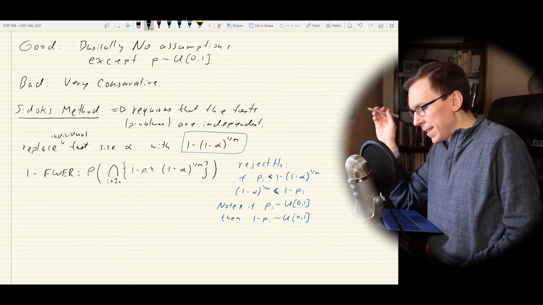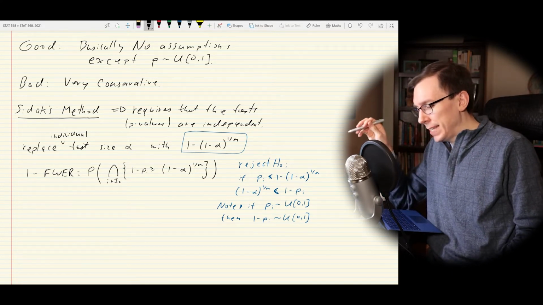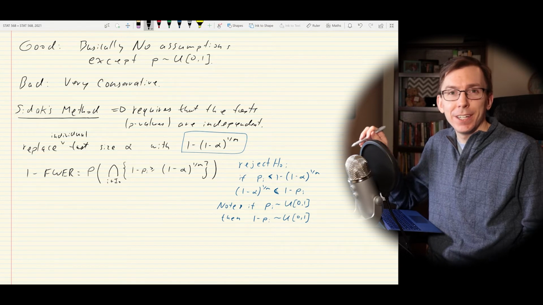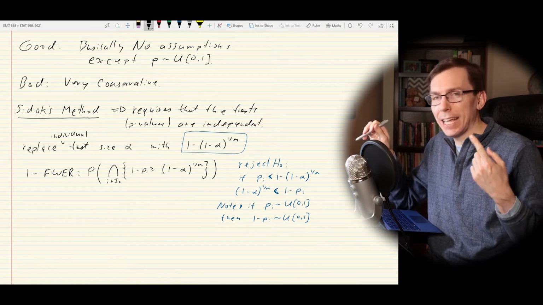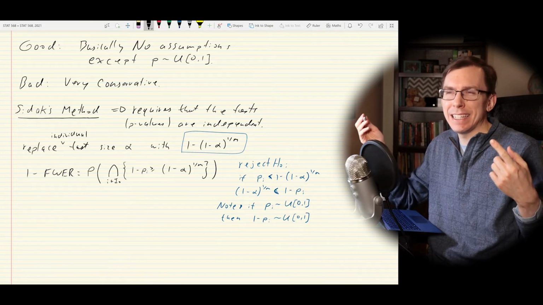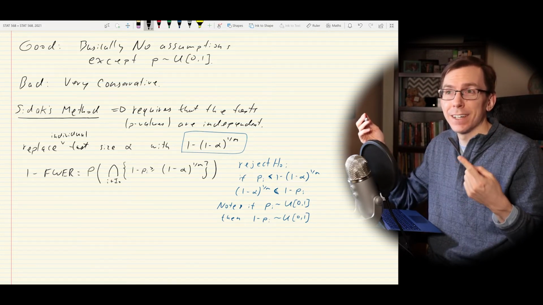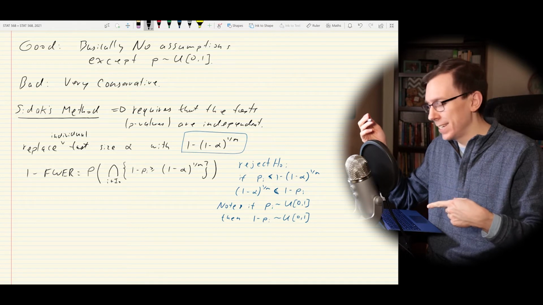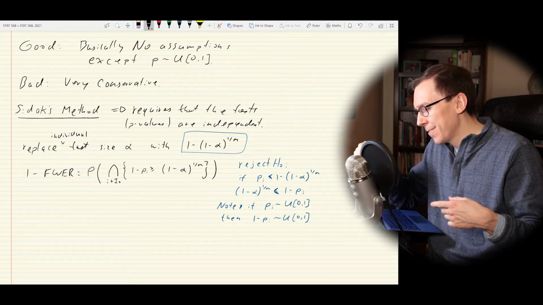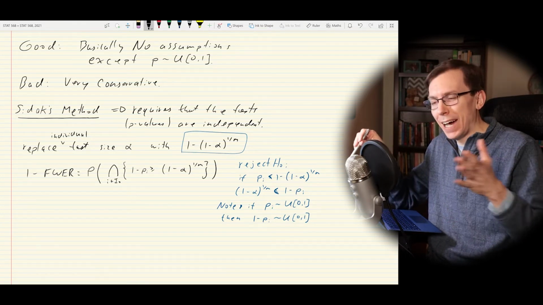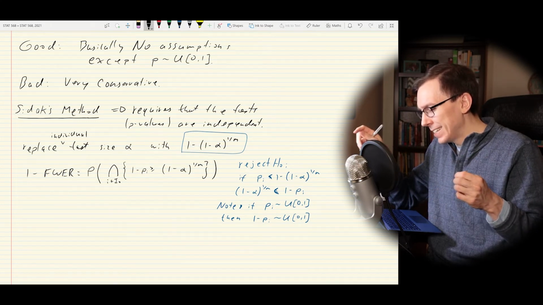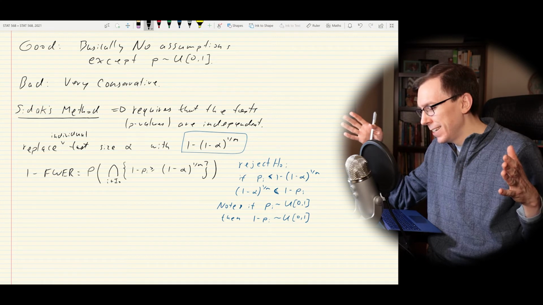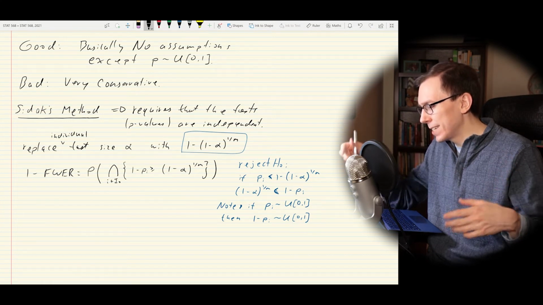There we go. So again, intersection means all of these have to occur. Union means only one has to occur. When we were looking at the family-wise error rate above, we said the union means that at least one of our nulls gets falsely rejected. In this case, we're doing the intersection. So 1 minus the family-wise error rate is the probability that none of the nulls are falsely rejected.